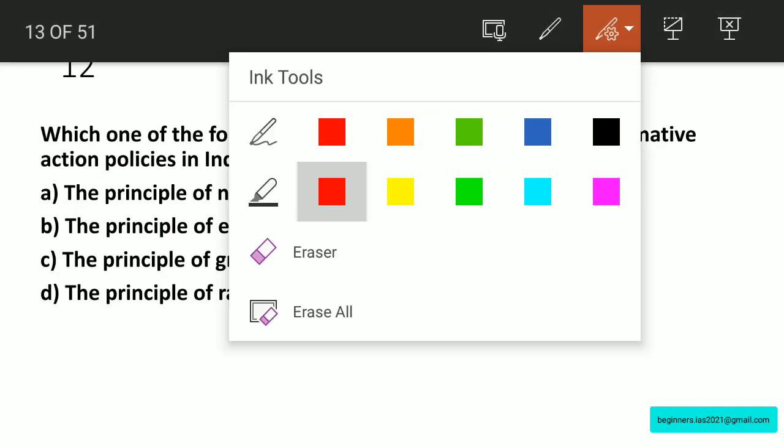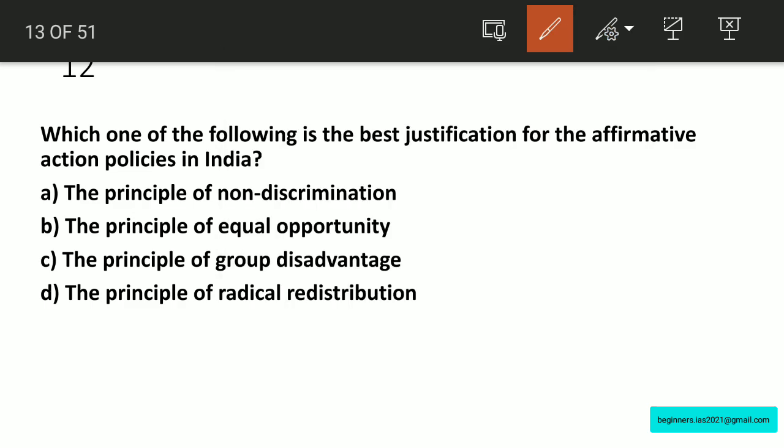Which of the following is the best justification for the affirmative action policies in India? Before that, one has to know what affirmative action is. Affirmative action refers to the proactive policies of government towards the less advanced sections of the society, and it follows the principle of equal opportunity.